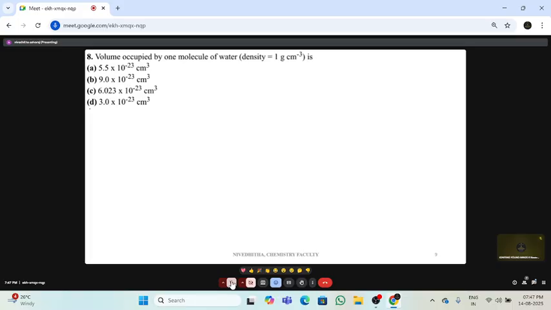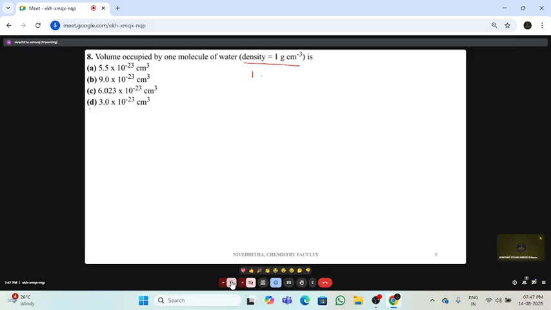Here is the question. Volume occupied by 1 molecule of water is dash. We have to calculate how much volume is occupied by just 1 molecule of water. The clue is density. See, what is the density of water?